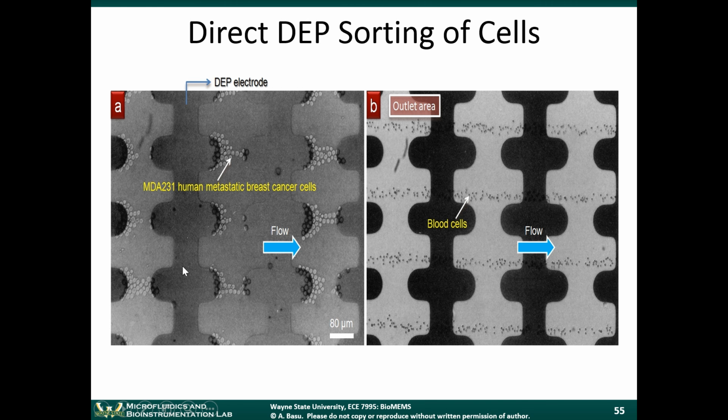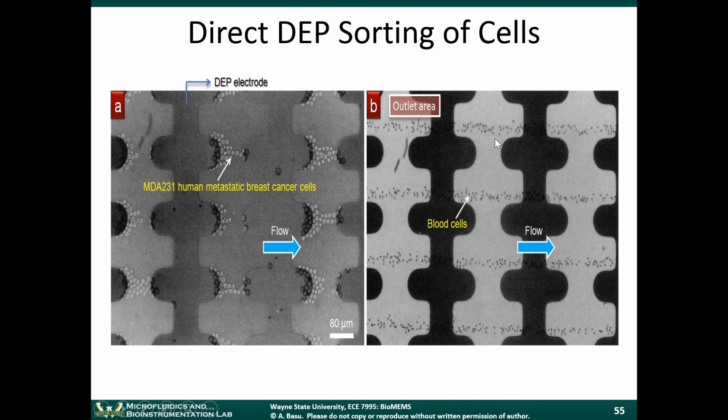This is another example, from Albert Folch's textbook. I'm trying to remember where the original work was. It may have been work by Peter Gascoyne's group, who's in Texas. He's done a lot of work on dielectrophoresis. They were showing here that you could use the magnitude of the DEP force. Remember that the DEP force scales as radius cubed, and the breast cancer cells have a larger size than the red blood cells.